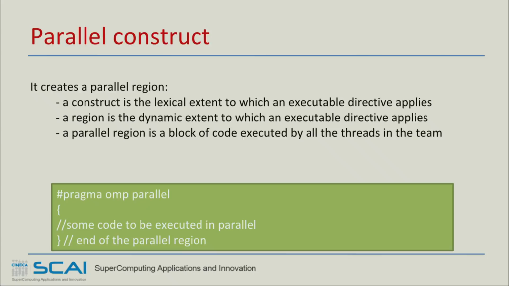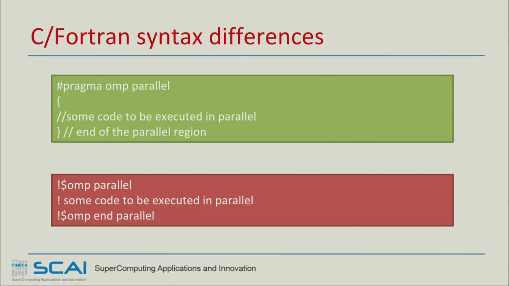Parallel simply starts a parallel region. So here, within the braces, I will put the code that I want to execute in parallel. There are some syntax differences between C and Fortran. For C, I should use the brackets. For Fortran, I should put an end parallel statement when I want to close my parallel region.